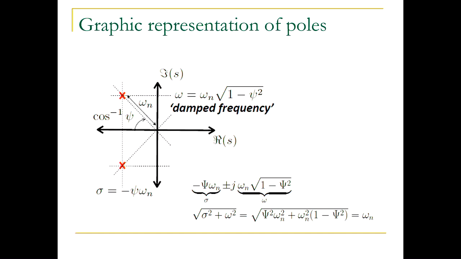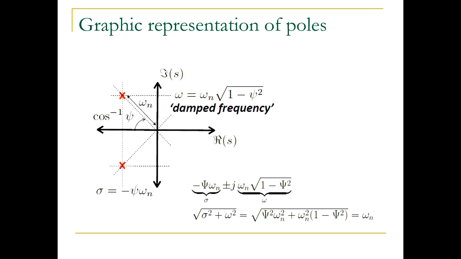When the damping factor is 0, you're right on the imaginary axis and you get an oscillatory response. As the angle is decreased, you get poles on the real axis, and a periodic response in this case. But if psi is small and close to the real axis, you will get fast decay.